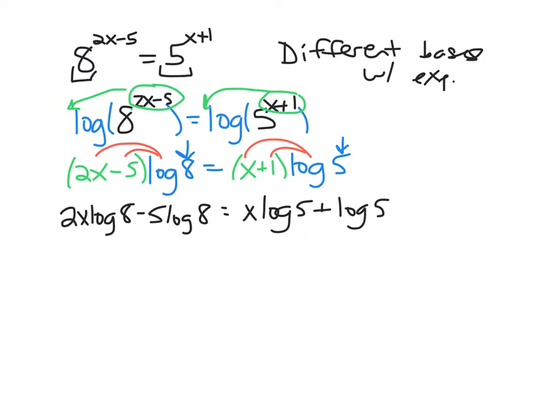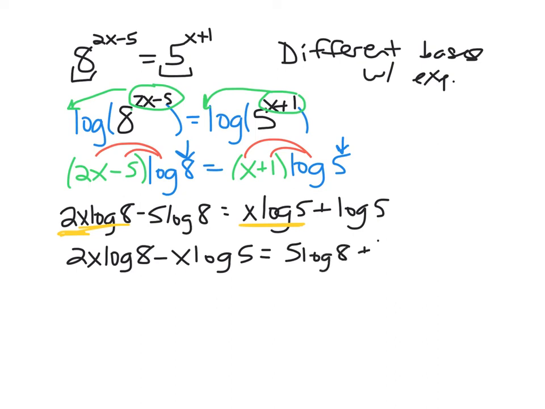All right, you may remember from inverses where we did the getting the y terms on the same side and factored out the y. Well, we're going to do the same idea, but we're going to get the x terms on the same side. So if it has an x, I underlined it in yellow, and I'm going to get those on one side. So I have 2x log 8 minus x log 5, and then the other stuff is going to move to the other side. So 5 log 8 plus log 5.